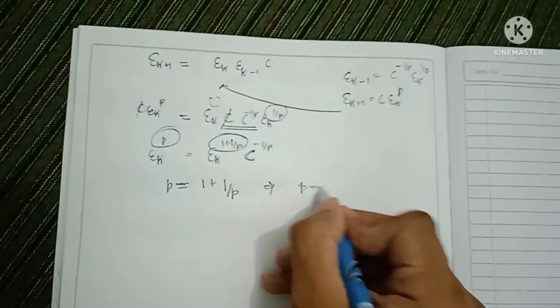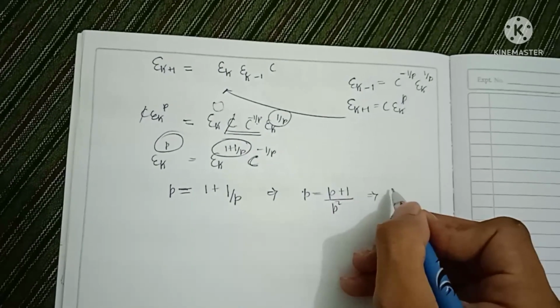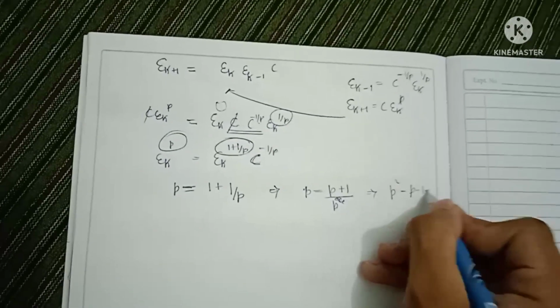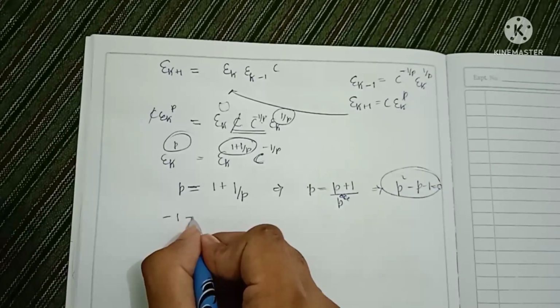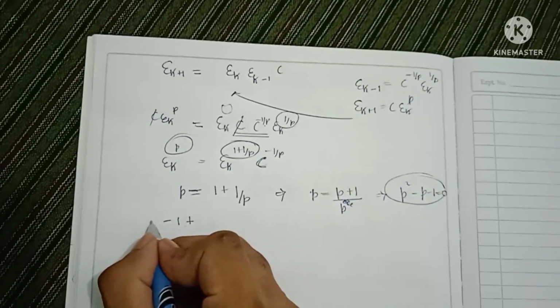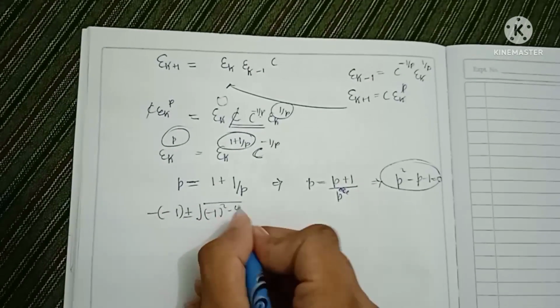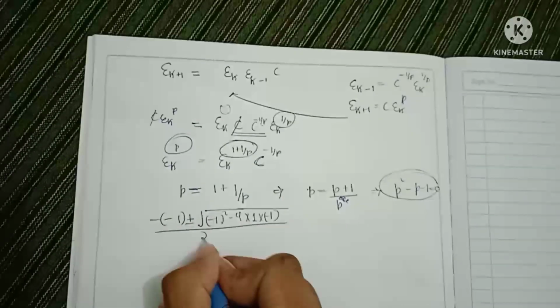So now p is equal to 1 + 1/p, that is p squared is equal to p + 1. So p squared minus p minus 1 is equal to 0. Now directly using the quadratic formula: minus b, that is 1, plus minus the square root of (minus 1) squared minus 4 into 1 into minus 1, upon 2 into 1.